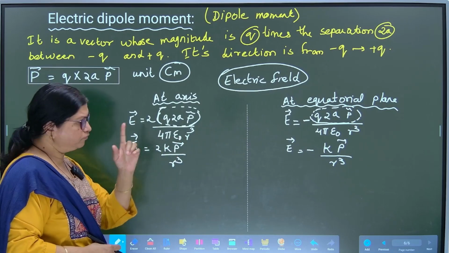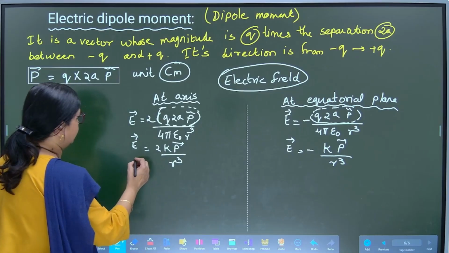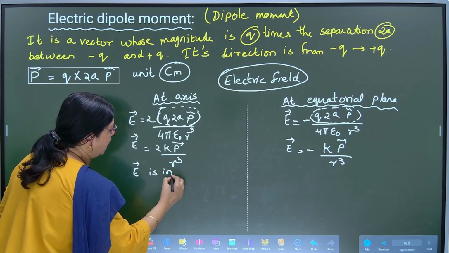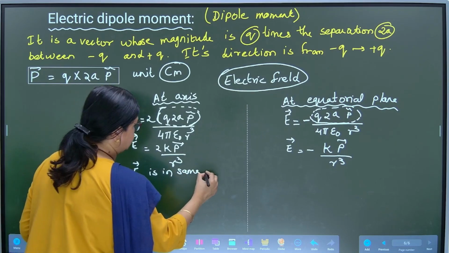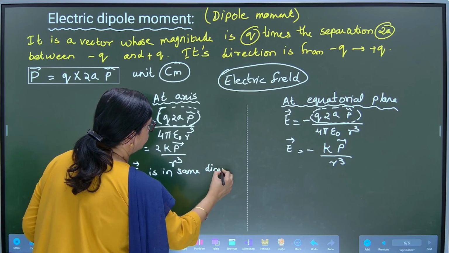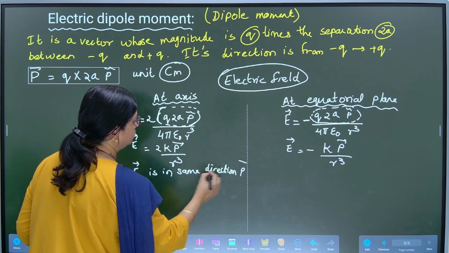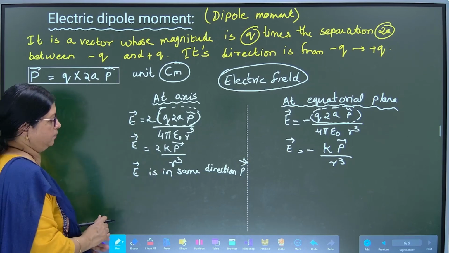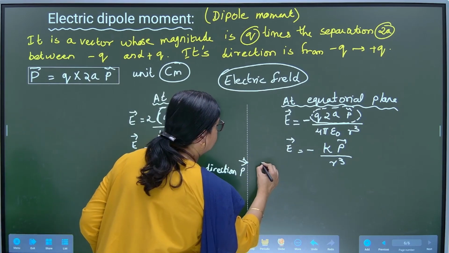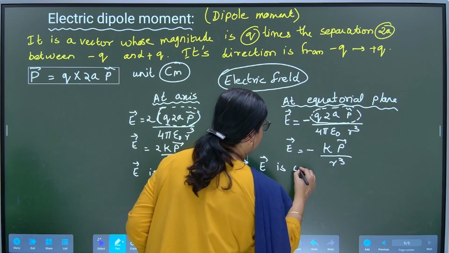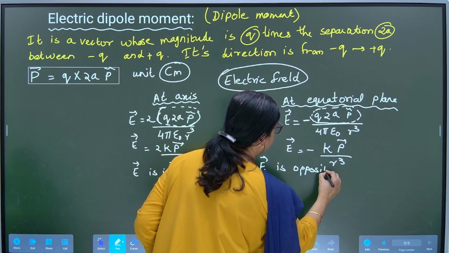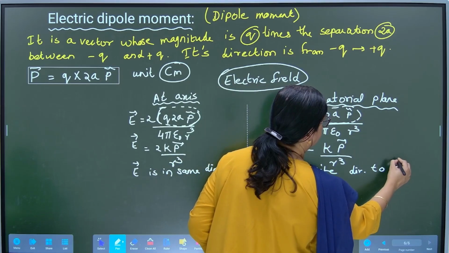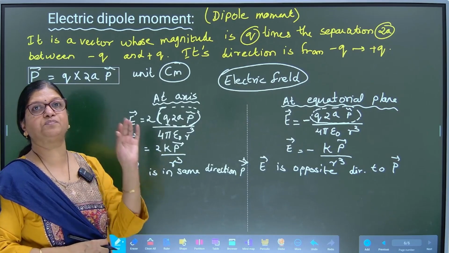The first comparison which you can see here is that the electric field on the axis is in the same direction as P arrow, the electric dipole moment. Here, because of the negative symbol, E arrow is in the opposite direction to P arrow, the dipole moment. That is the first observation.